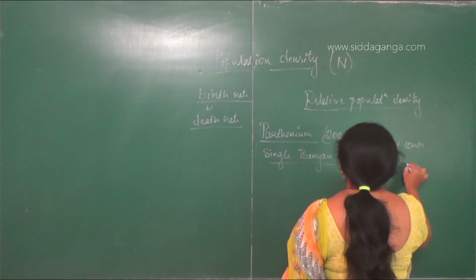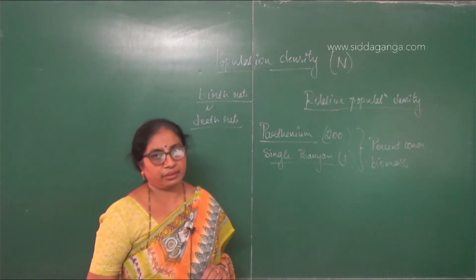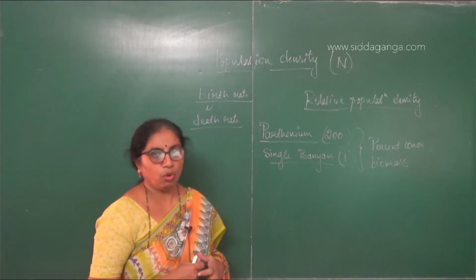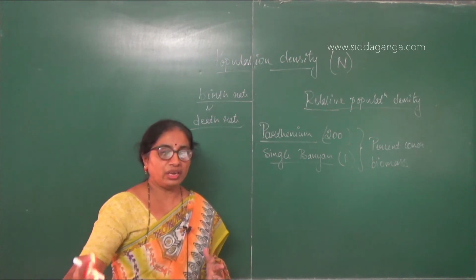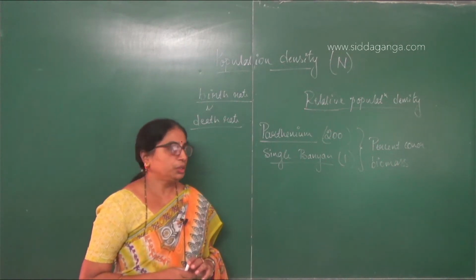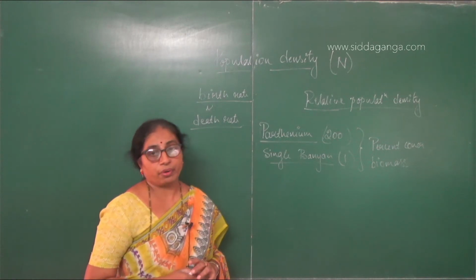The biomass of the banyan tree is much higher when compared to the 200 Parthenium plants. So maybe the number of Parthenium plants is more, but comparatively, this banyan tree has more value in its community when compared to the Parthenium, which is a weed. So in such cases, we speak about percent cover or biomass.